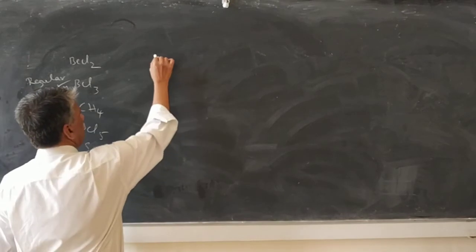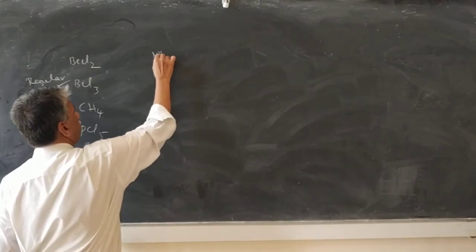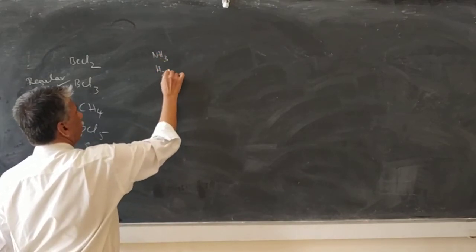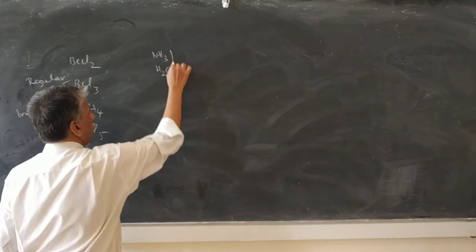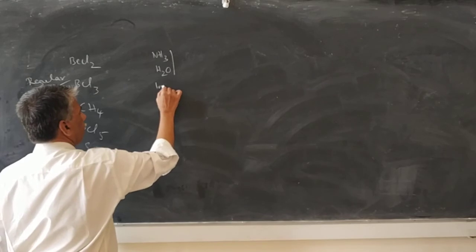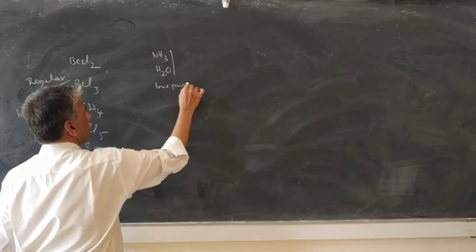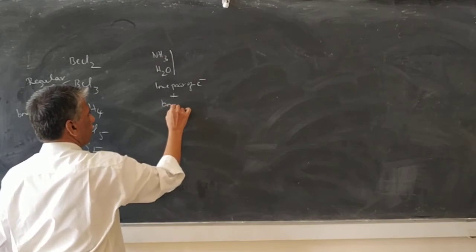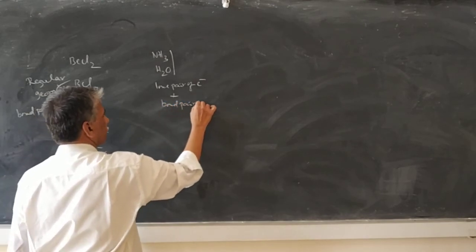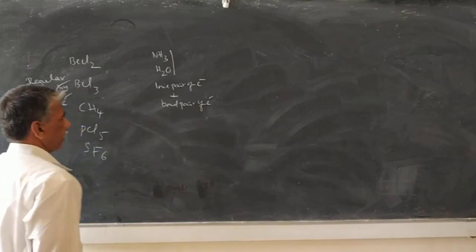Whereas I have given the examples of ammonia and water. These molecules have lone pairs of electrons plus bond pairs of electrons.